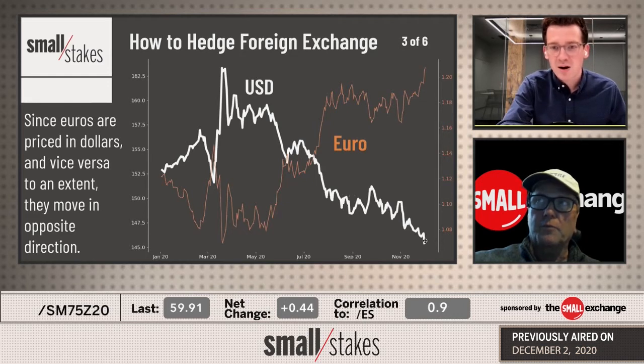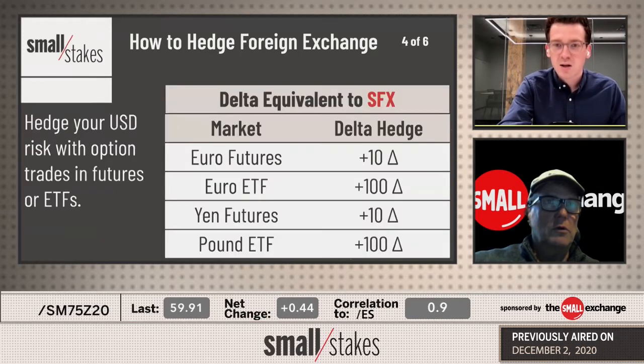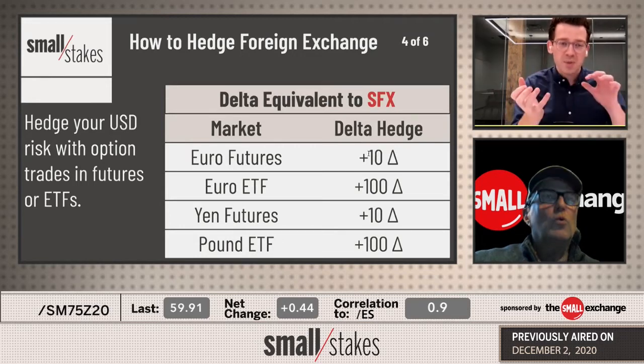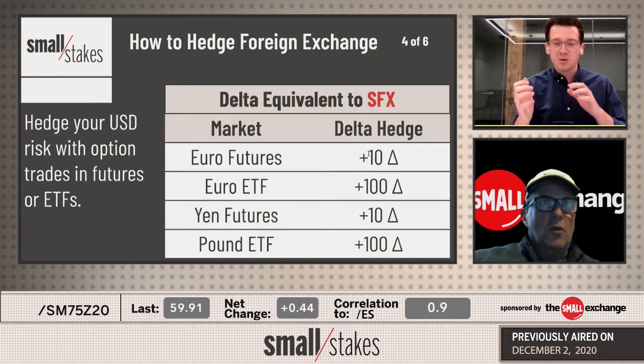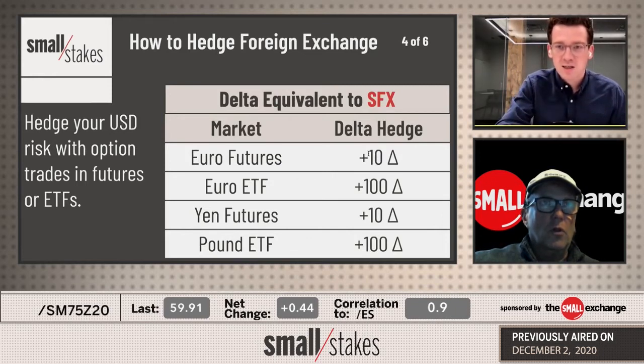So if I bought SFX futures and I want to, in essence, sell a call option against that, what I could do is go to euro futures or ETFs and actually sell a put. Because remember, you have to flip that. You bought dollars in euros, and so you need to actually get some long deltas here in euros against that long SFX position.